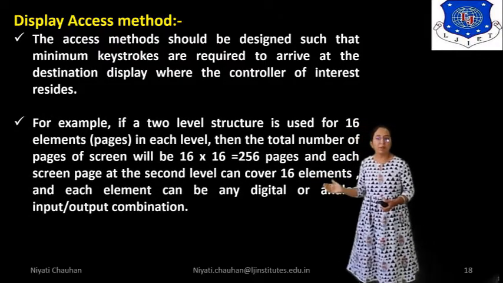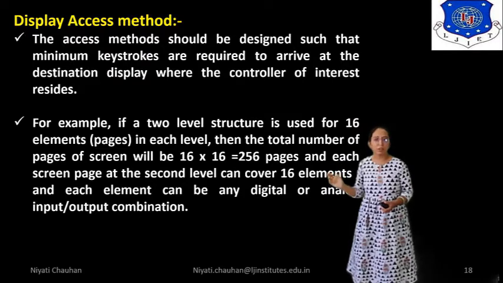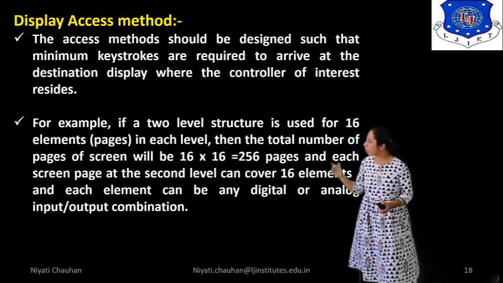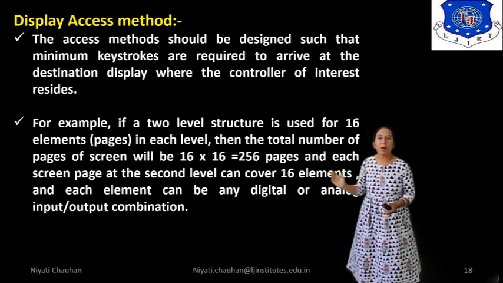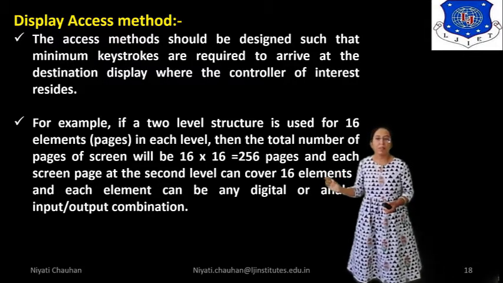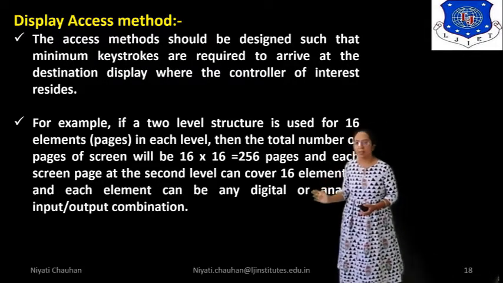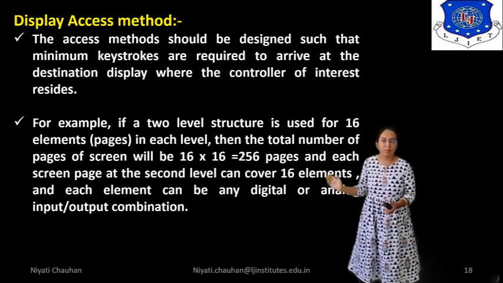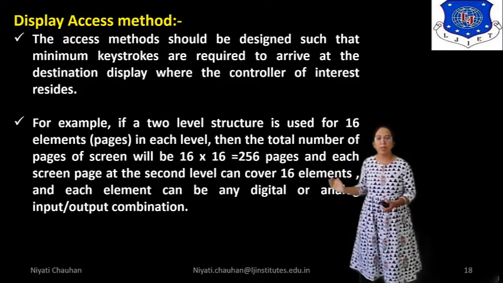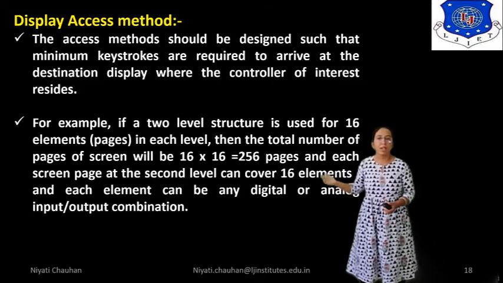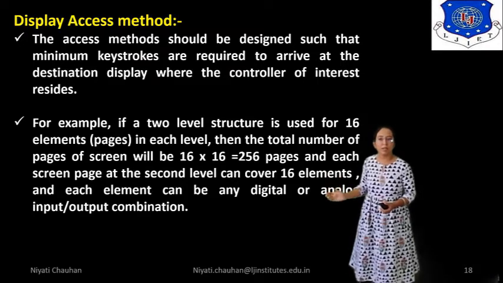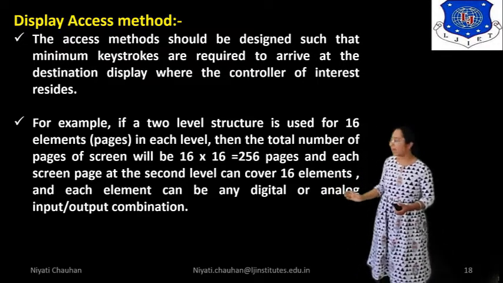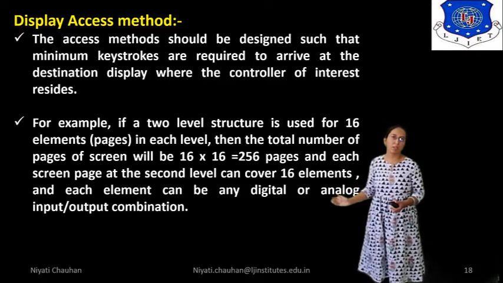For example, if a two-level structure is used for 16 elements, that is pages, in each level, then the total number of pages of screen will be 16 multiplied by 16, which is equal to 256 pages. And each screen page at the second level can cover 16 elements, and each element can be any digital or analog input output combination.